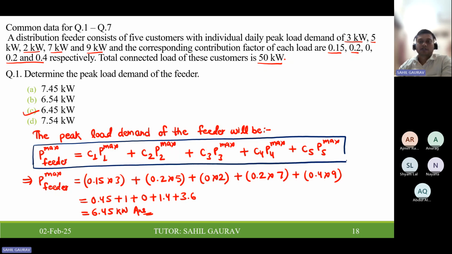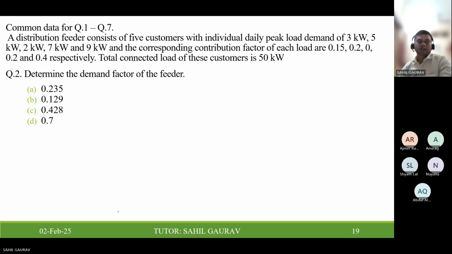So the expression is this one, and in this problem, this expression has been used. So this expression is also important. Here I have put all the contribution factors and the aggregate peak demand, and you will get the answer as 6.45 kilowatt.